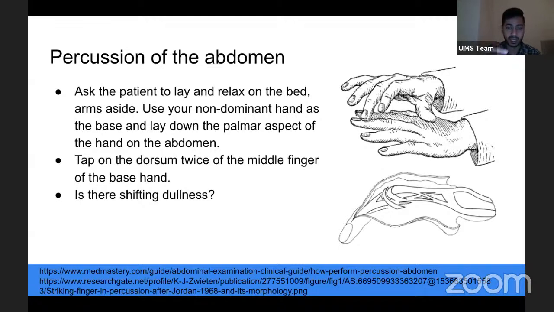And we keep on percussing all the way up to the upper liver border, to try and see if there's any fluid behind the liver as well, not just in front or superior and inferior to it. That's what we do for the liver. For the spleen, once again, it's the same concept. You're trying to make sure that there's no fluid posterior, superior, anterior and inferior as well.